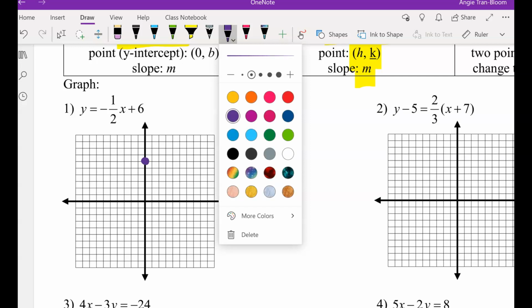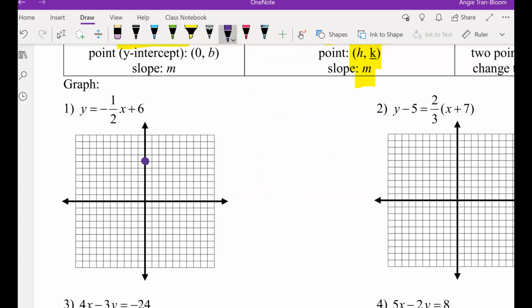Another question. Now what do you do? What's your slope? M is -1 over 2. I can put the negative on the top, or I can put the negative on the bottom. It's okay to do either. Sometimes you run out of space on one end.